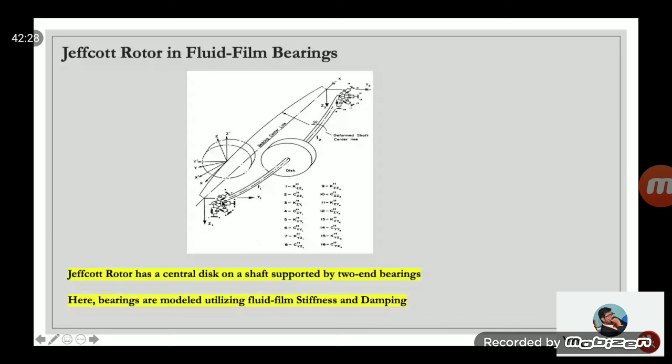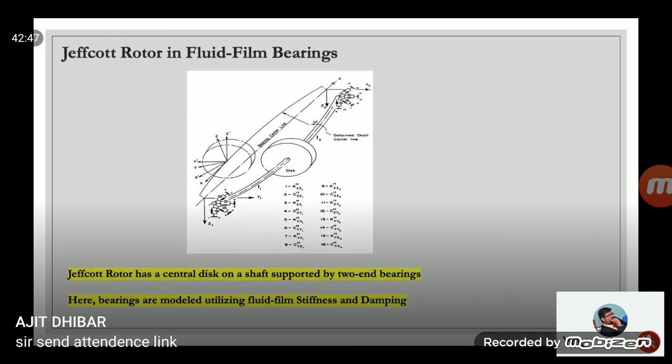This is the model people use to study simple systems, and once you understand how the simple system operates and how it identifies the vibrational characteristics, then you can use it for multi-disc, multi-shaft systems.